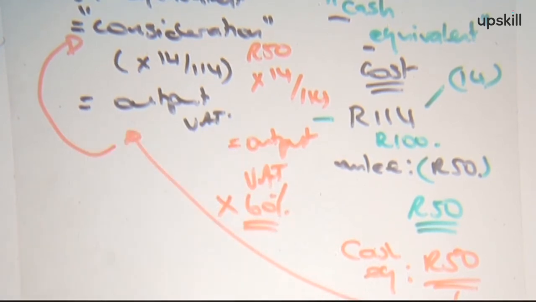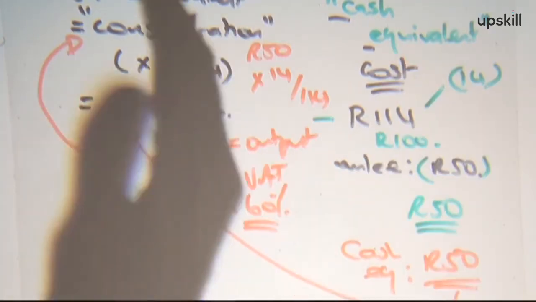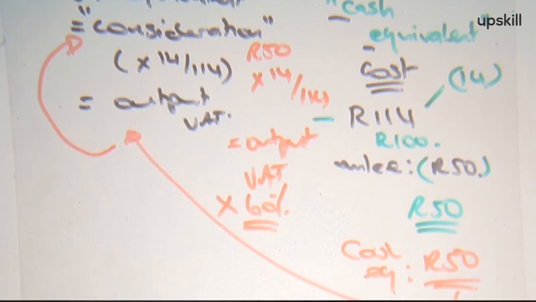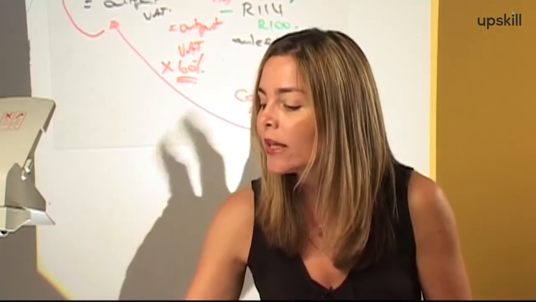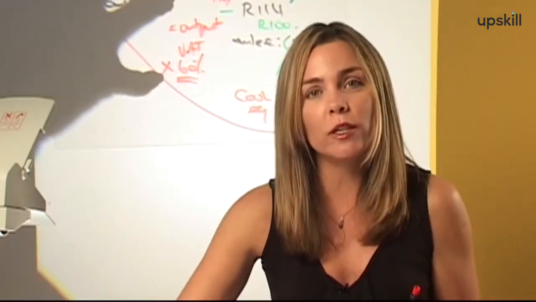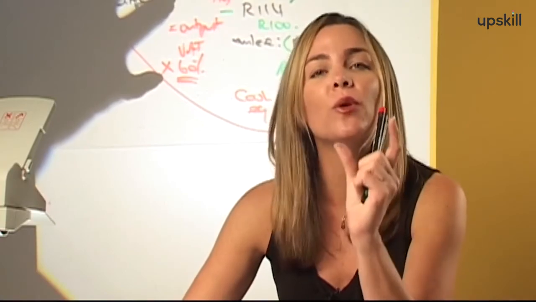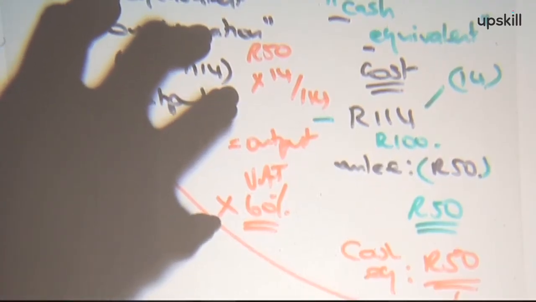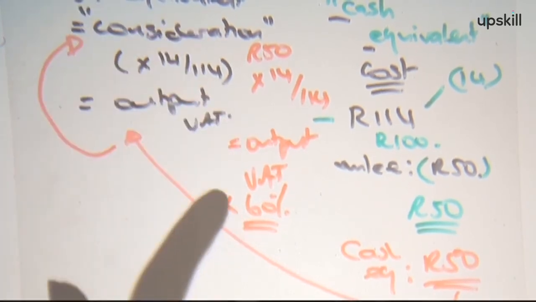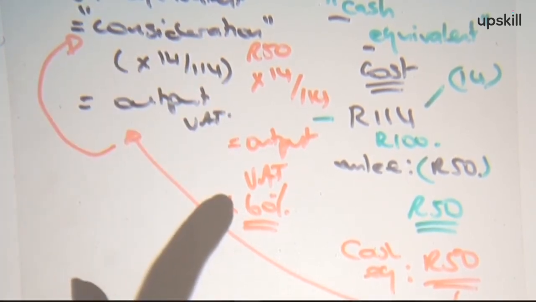So please be careful about what it means to move from one piece of legislation, get specific ways of calculating an amount like the cash equivalent, to bring that cash equivalent over to make it consideration deemed to include VAT, multiply further by your VAT fraction, and then the percentage of taxable supplies made.